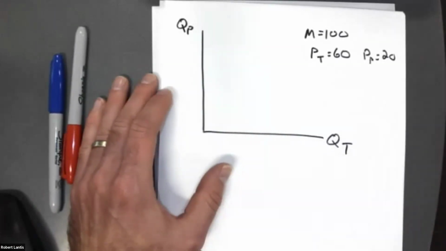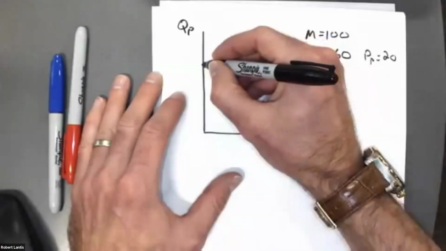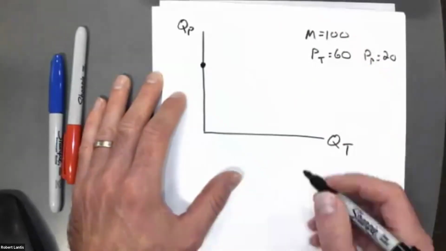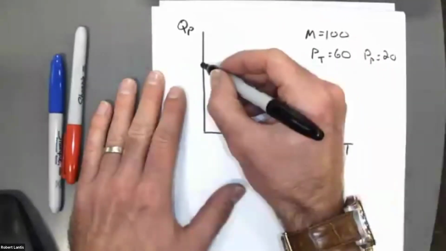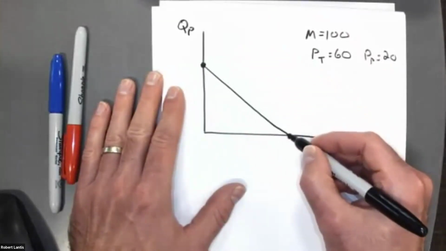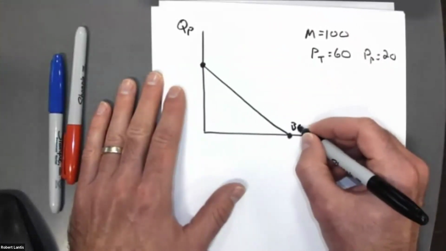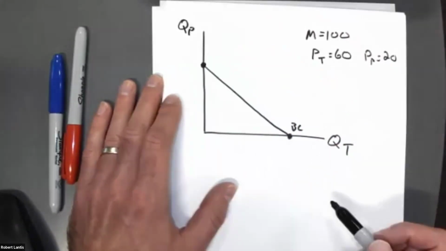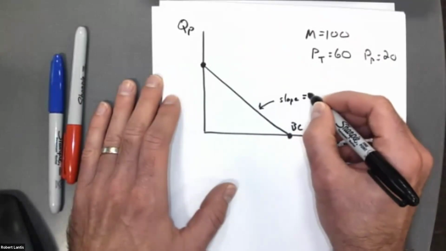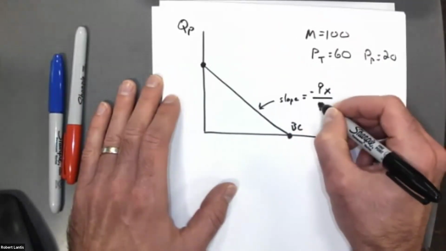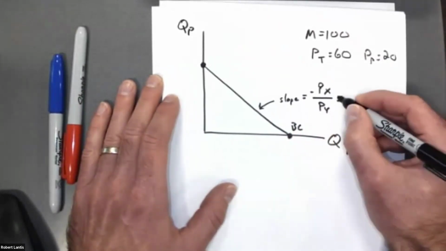So initially, if I'm thinking about what my indifference curve is, I don't have to do this every single time. I could just know that I'm going to have some budget constraint and there's a trade-off between these two products. I know the slope will always be negative the relative price of my X good to the price of my Y good.